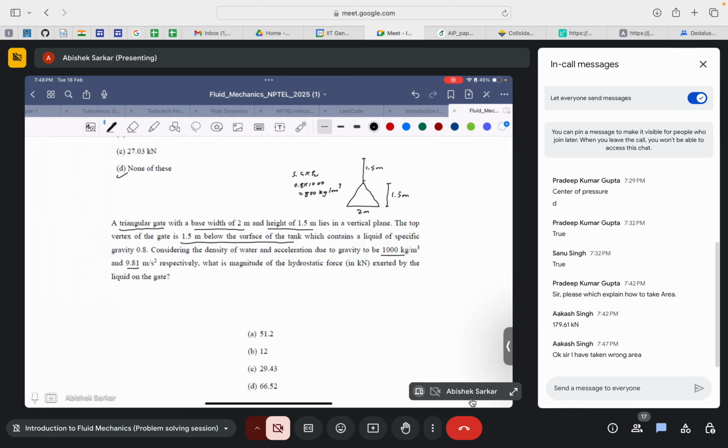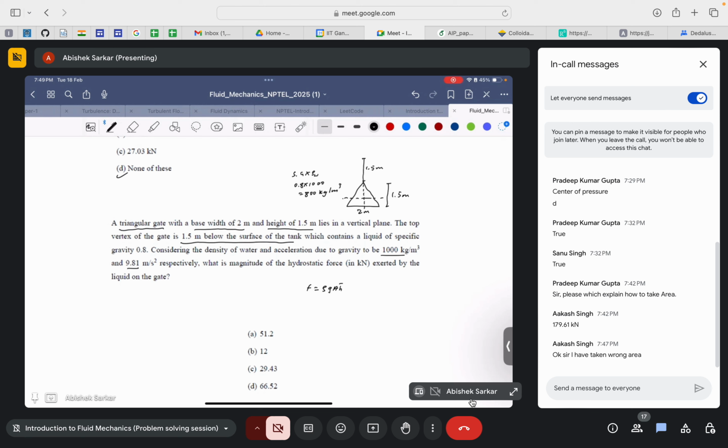So it's quite simple. You just need to find the hydrostatic force. F is rho g A into h bar. So h bar would be the depth of the center of gravity of this particular triangle. It would be a good exercise for you to find out the center of gravity of a triangle, or in this case a right angle triangle.